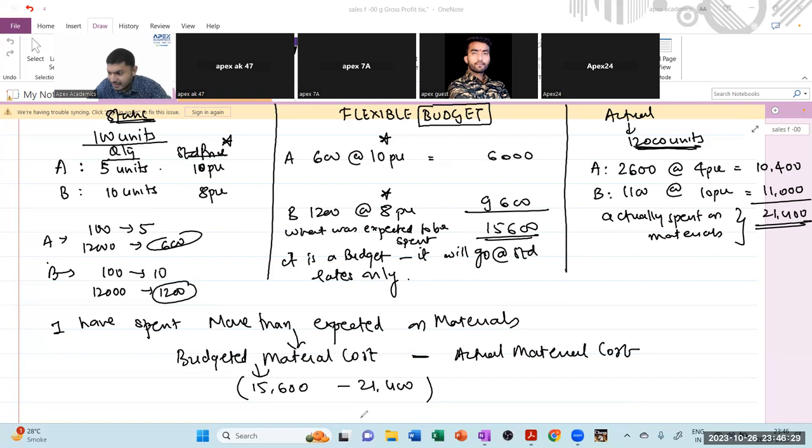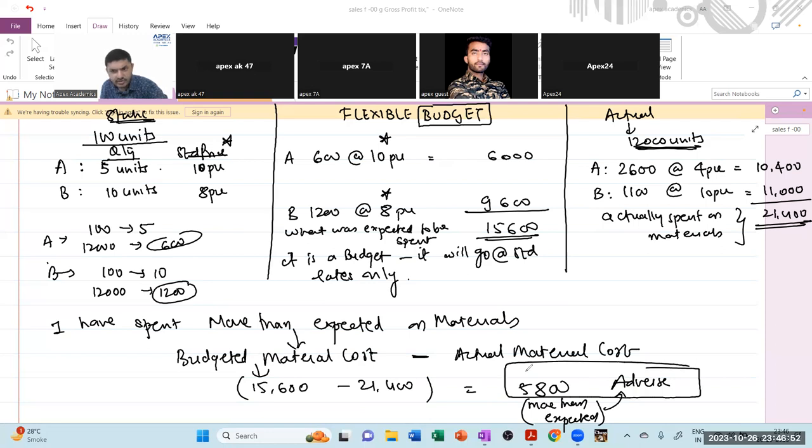So can I say that I have spent 21,400 minus this 15,600, which is I have spent 5,800 more than expected. Spent 5,800 more than expected, and this is called 5,800 adverse.